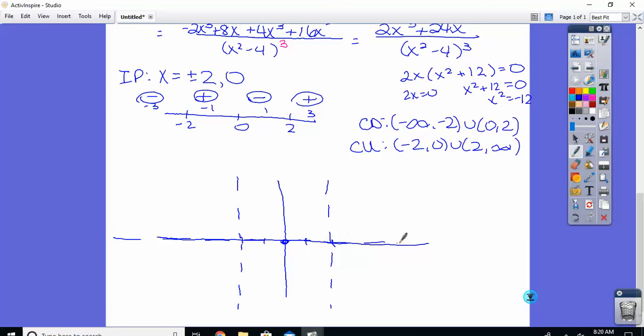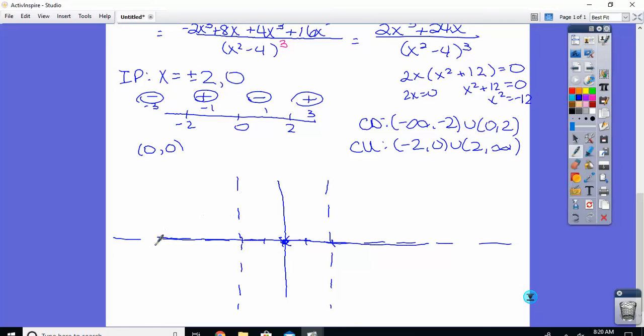I will expect everything you found, I want you to draw on your graph. Okay. We didn't have any maximums or minimums on this. My inflection points happened at ±2, but I can't get ordered pairs for those because they were asymptotes. And at 0. Let's get the ordered pair for 0. If you plug 0 into the original, you get 0. So 0, 0, we already have a point there, that's also an inflection point.